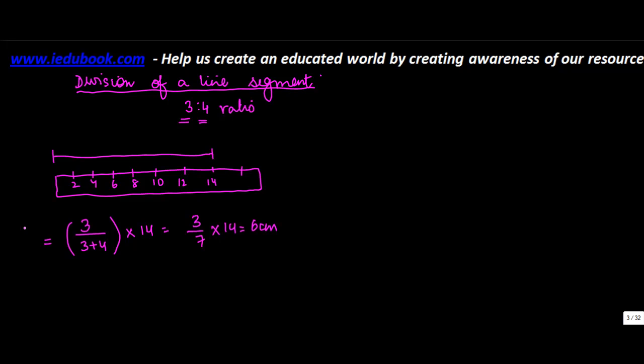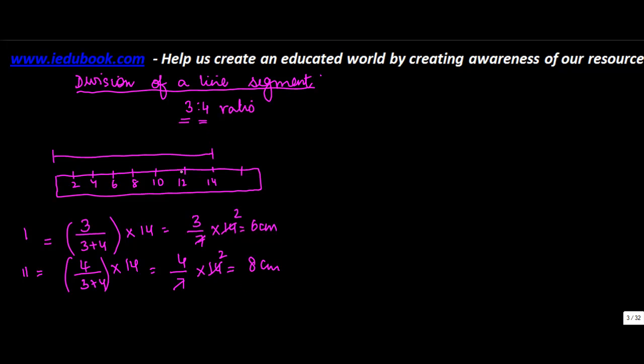And similarly, part 2 will be equal to 4/(3 plus 4) into 14. You would have dealt extensively with the proportions, so I'm not getting into the details. So this gives you 8 centimeter.